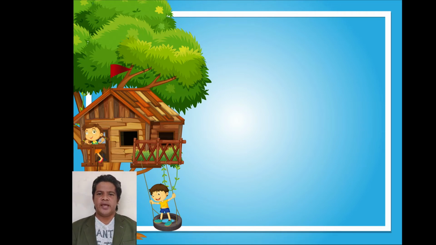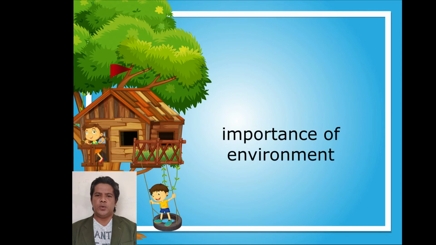Psychological environment. The psychological environment of a school would refer to the stimuli that impinge upon the learner's psyche in the school. For example, the attitude of the principal and the teachers towards a learner would act as a stimulus for the learner to do or not do certain things in school.